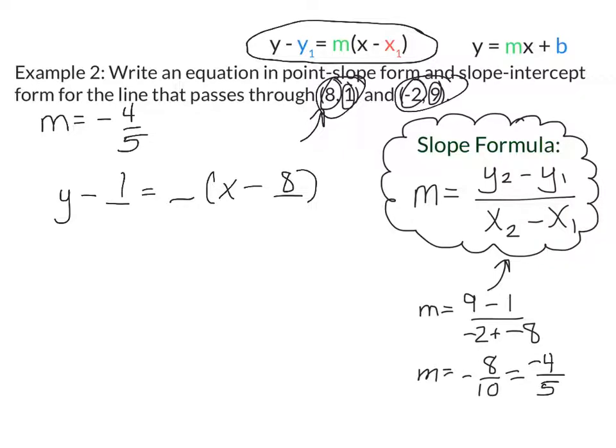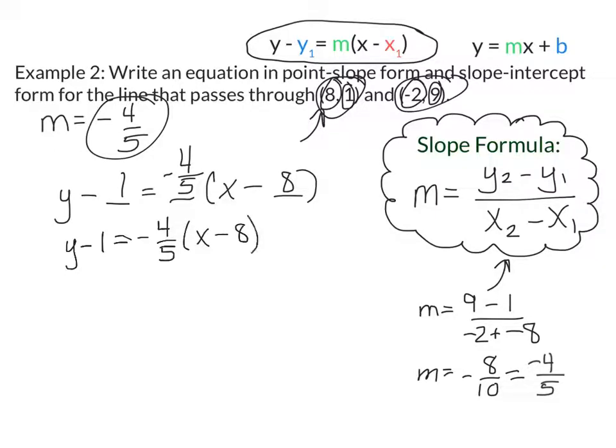And then my slope, which is negative 4/5, goes in this spot. Okay, so now I'm just going to rewrite it so it looks prettier without the underlines. y minus 1 equals negative 4/5 times x minus 8. Okay, then I'm just going to box it in, and that's my point slope form.